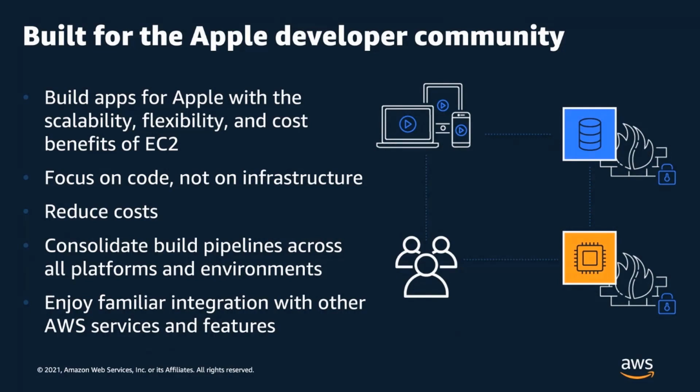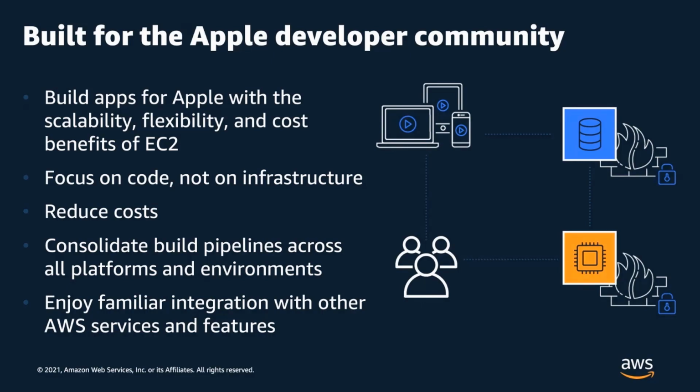So what are the benefits of EC2 Mac instances? We have built EC2 Mac instances specifically with the Apple developer community in mind. First, you can now for the first time run macOS workloads on AWS and benefit from the scale, flexibility, cost benefit, and the experience that AWS has offered, secure on-demand infrastructure to millions of customers for more than a decade.